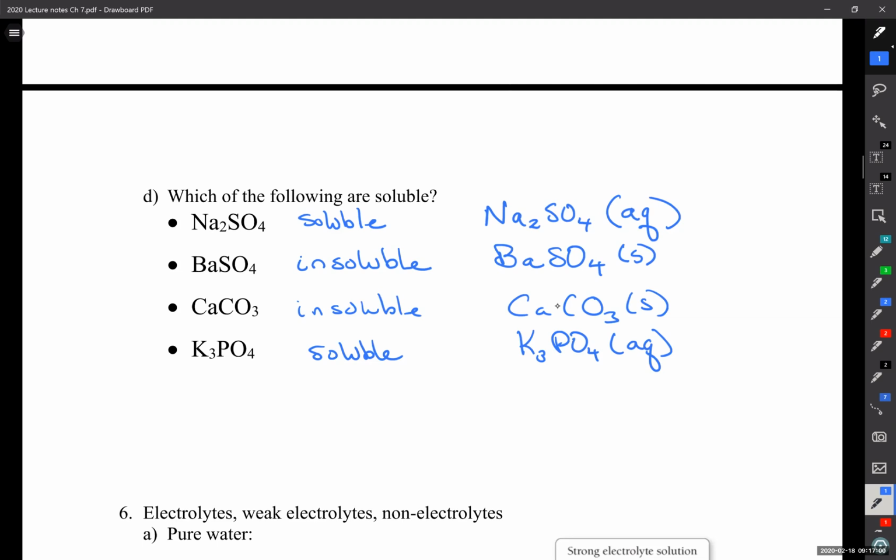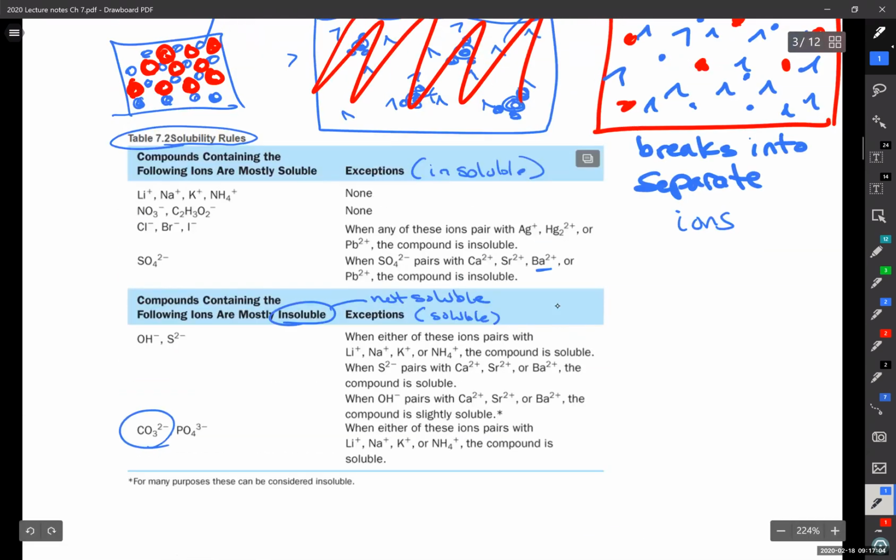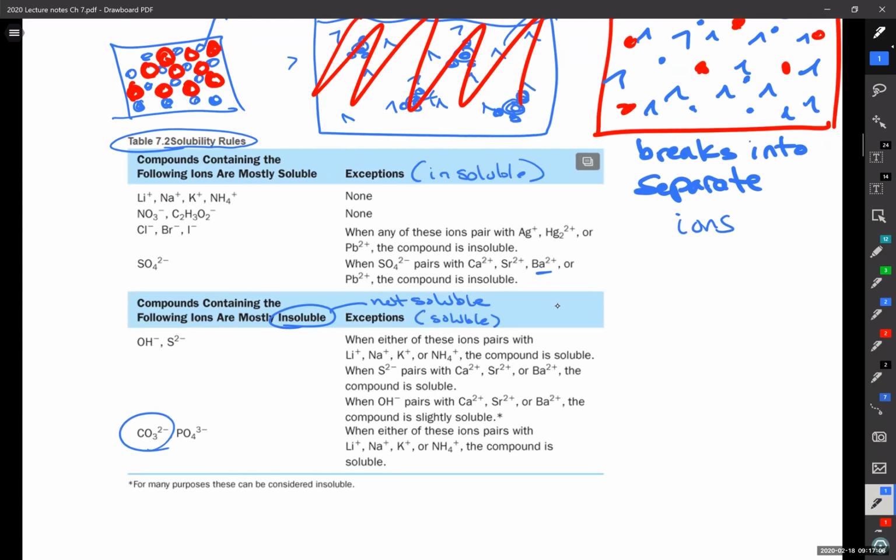Okay. So general good things to know. It's these guys up here. If it has lithium, sodium, potassium. Notice where they are on the periodic table. Group 1, right? Group 1 ions are always soluble.